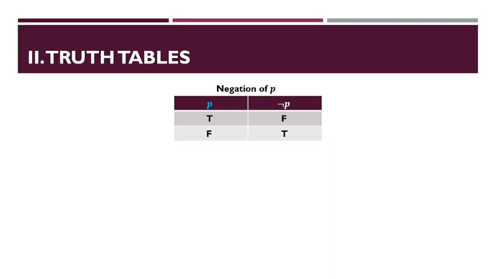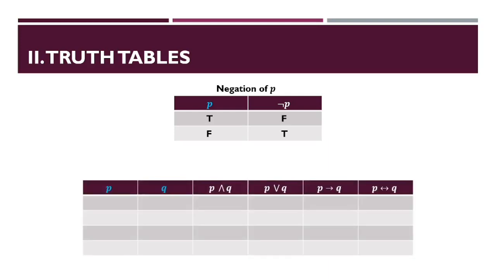For a compound proposition consisting of two simple propositions, there will be four rows, and we use the connectives. We have the compound propositions P and Q, P or Q, P implies Q, P if and only if Q. We will have the combination of two truth values for two simple propositions.